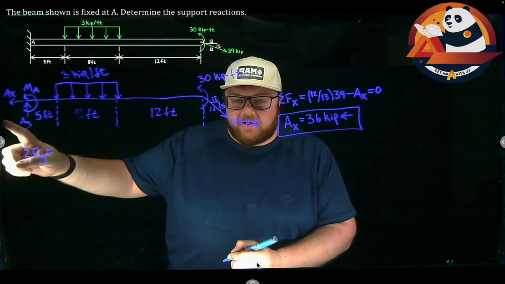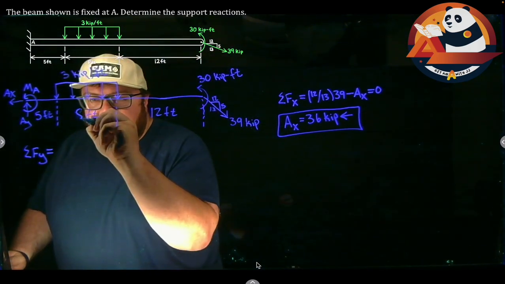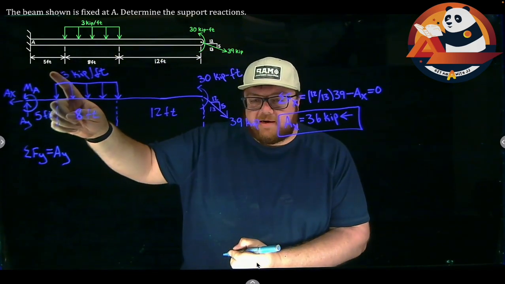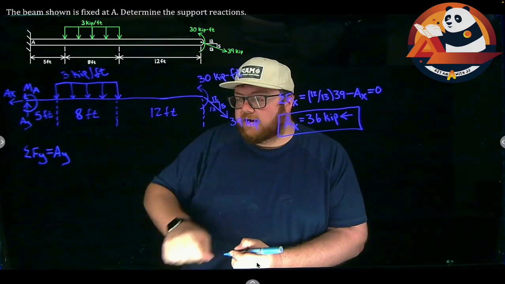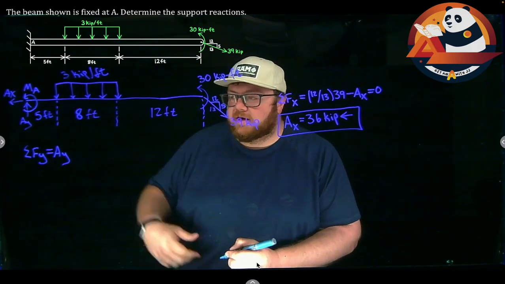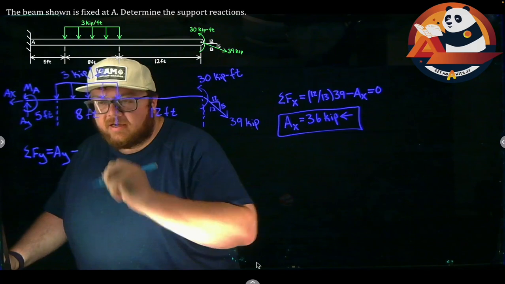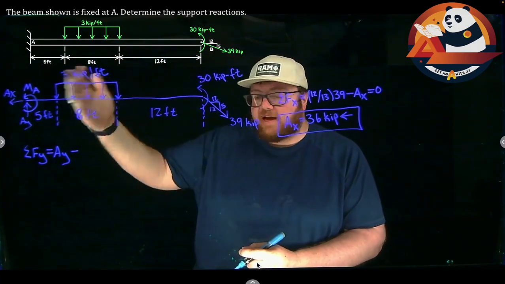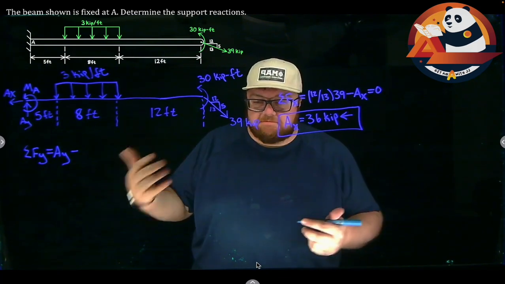I have AY going up, so I'll have to add that into my equation, AY. I have a distributed load coming down, and I have a force over here coming down. Let's get that distributed load in here. Remember, when we're dealing with distributed loads, the force is just the area of that distributed load. We have a rectangle, so area is just base times height.